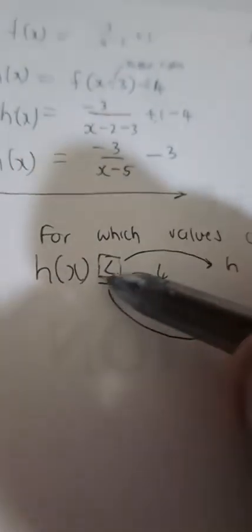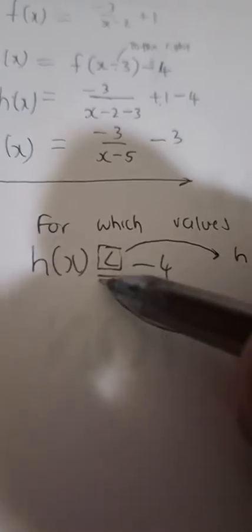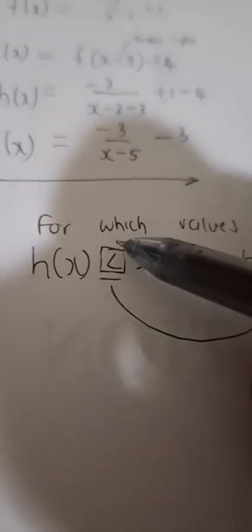Okay. But also, we are not only looking for where the function is below, but the equal. Remember, guys, there's this line that's beneath the less than, which means equal. So we are saying less than or equal. This equal means on the line y is equal to negative 4.